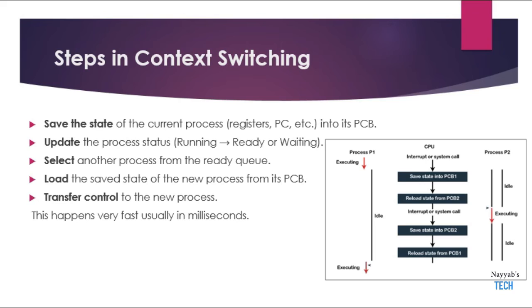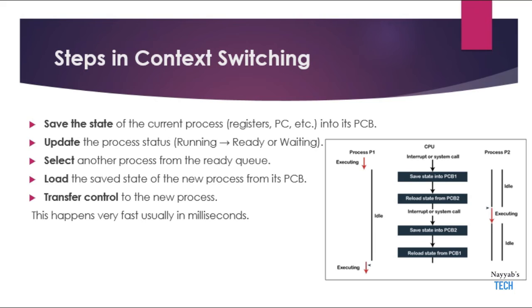Then it will update the process state, from running to ready or waiting, because the process has to update its status; first it is running, and when it starts waiting it has to change its state.